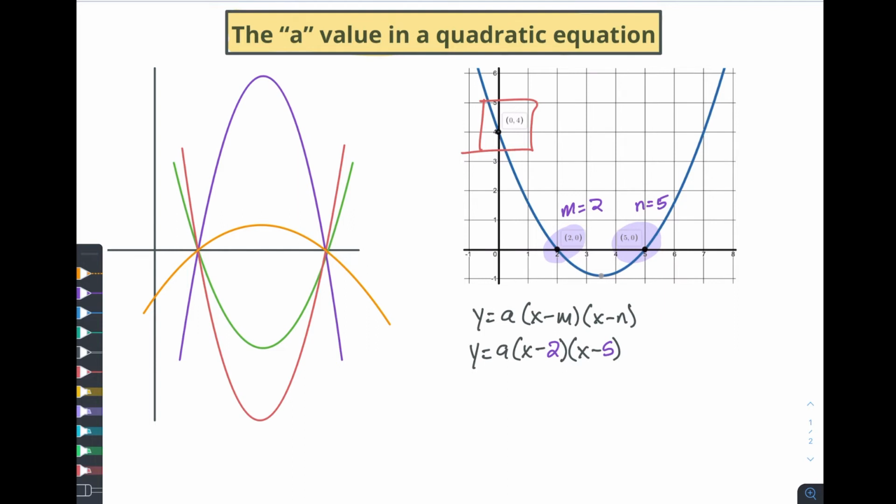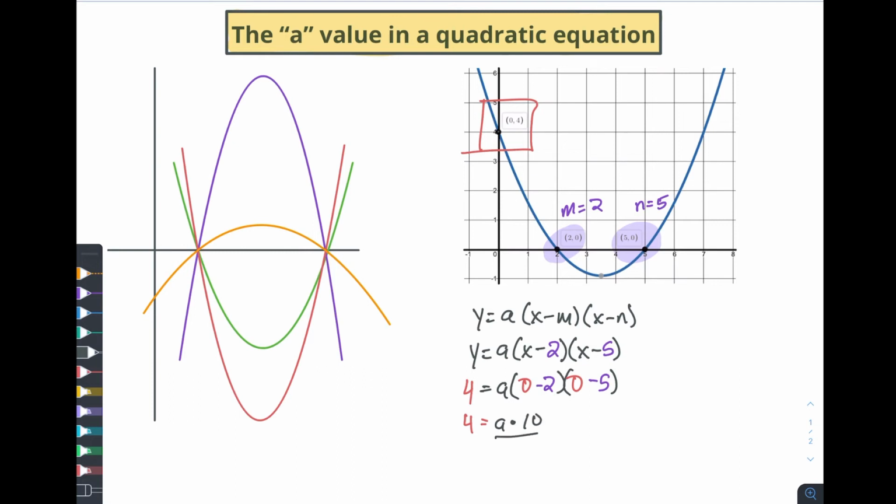So my x value is 0, my y value is 4. I'm going to say 4 is equal to A times 0 minus 2 times 0 minus 5. All right, let's do a little computing here. 0 minus 2 is negative 2. 0 minus 5 is negative 5. So I've got 4 is equal to A times positive 10.